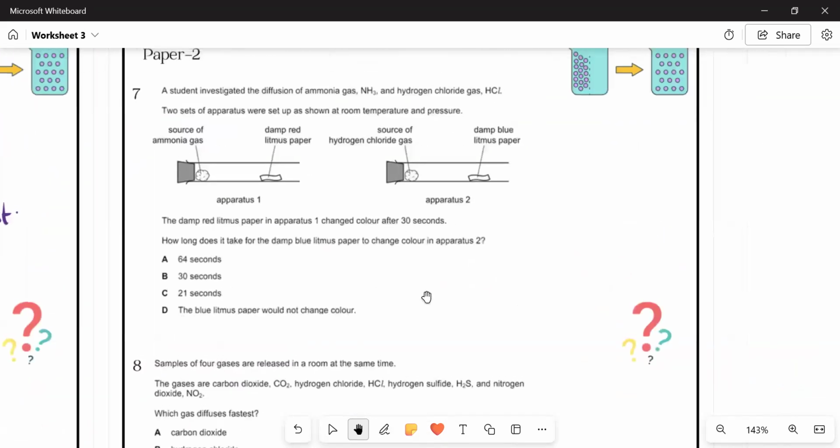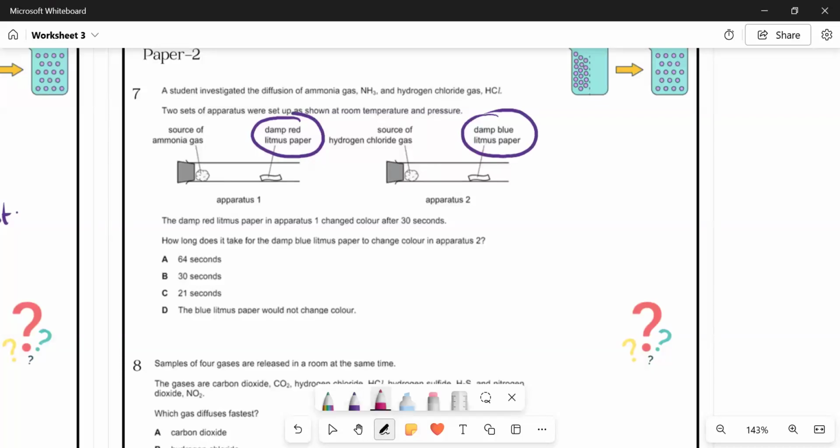Then we have question number 7. A student investigated the diffusion of ammonia gas and hydrogen chloride gas. Same question. In the ammonia gas, we have damp red litmus paper, and in the hydrogen chloride gas, damp blue litmus paper. Now, as I told you, ammonia is a weakly alkaline gas, so it will change the red litmus paper into blue. And hydrogen chloride gas is acidic, so it will turn the blue litmus paper into red.